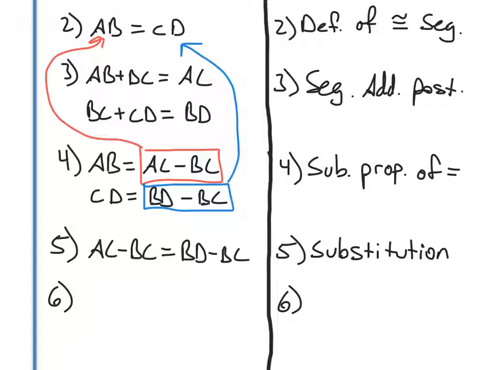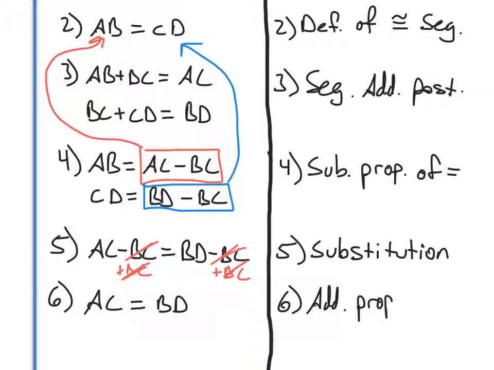I'm just going to show my work here by saying, okay, if I add BC there, I've got to add BC there, and then what happens? Well, the BCs cancel out on both sides. And so we get that AC equals BD, and that was because of the addition property of equality. But wait a minute.